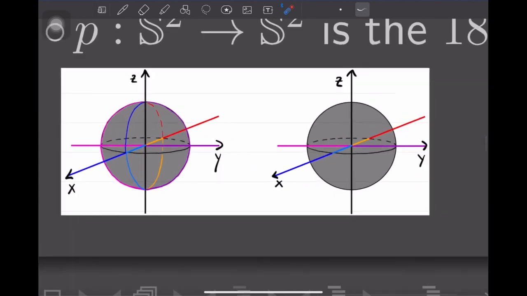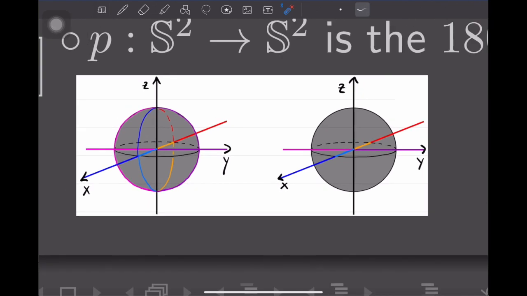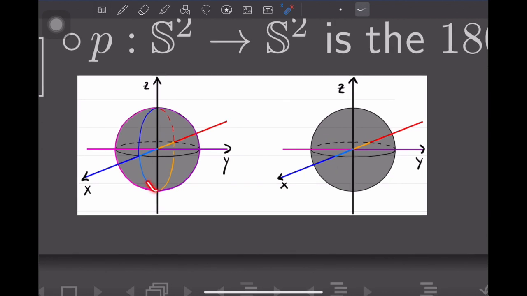So here in this picture, notice, I have for instance this part of the sphere, this curve, let's say traversed this way. When I project, what I obtain is the interval 0, 1 traversed that way.